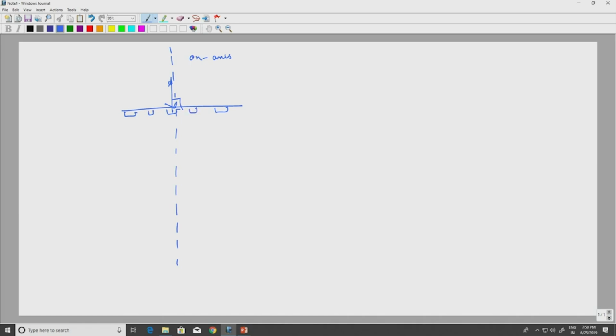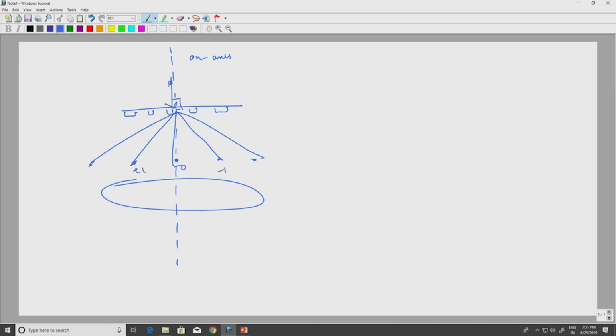That we all know. So your lens is sitting here, and then you will have your diffraction orders coming out. This is your 0th order, +1, -1, +2, -2. This is how you get it, and then whatever falls within the numerical aperture, you will collect and then image.